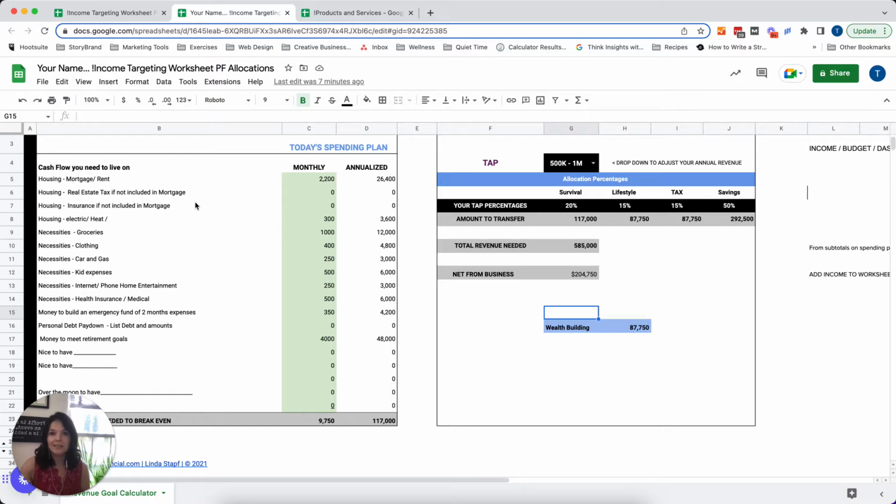We're going to pay our bills with this amount of money, so we need to pay ourselves that amount from our business. We have to figure that out first. And second, we need to figure out from there what our hourly rate bottom line has to be in order to pay ourselves this amount for our bills.